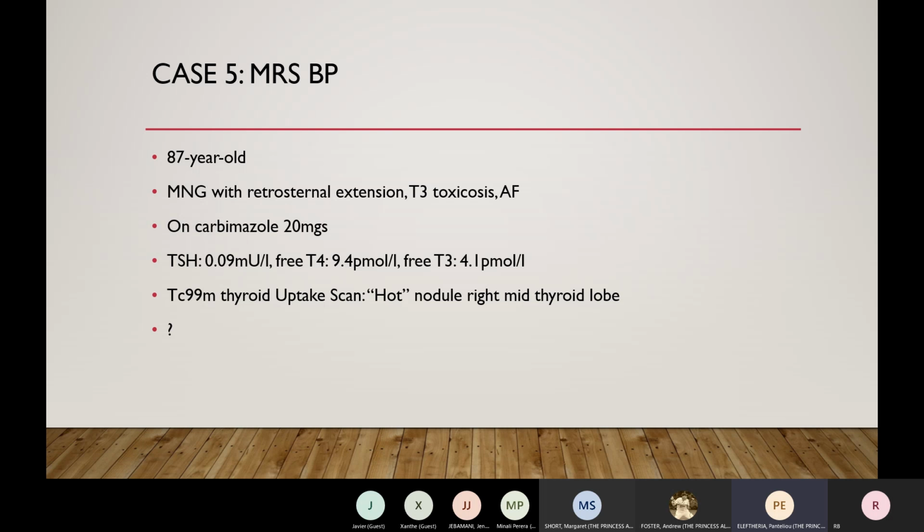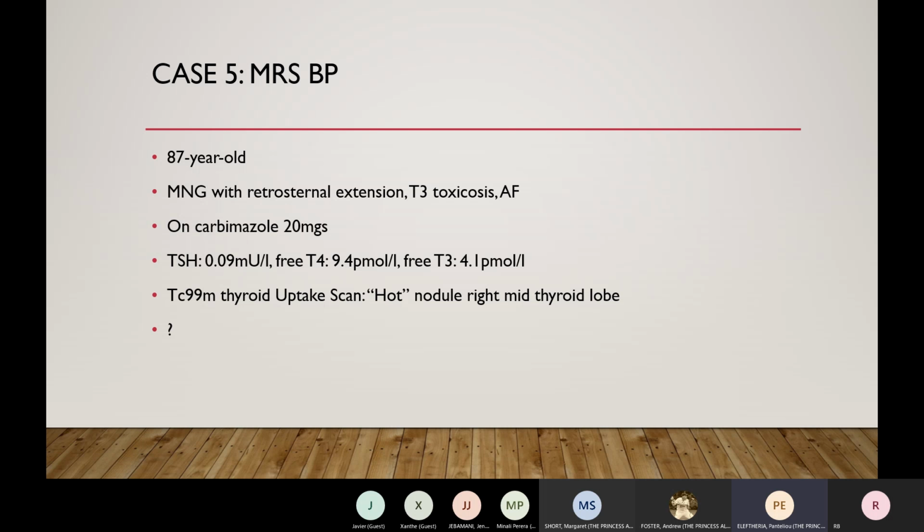And she had an uptake scan. As I said previously, a nodular thyroid in an elderly patient, especially with thyrotoxicosis, implies an autonomous nodule. And this autonomous nodule can be picked up with what we call a thyroid uptake scan. I just want to highlight one thing to you. It's the T3 toxicosis. For whoever hasn't heard this term before, essentially it means that your T4 is normal, your T3 is elevated.